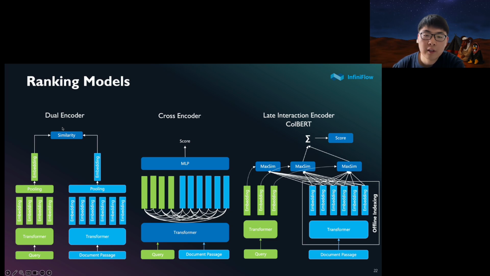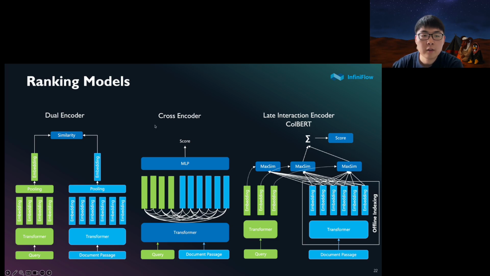This brings two shortcomings. First, it brings semantic loss, since a document is represented by just a single vector. And second, it cannot capture the semantic interaction between query tokens and document tokens as the other architectures do.